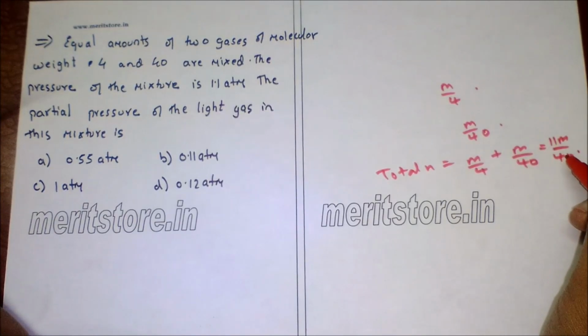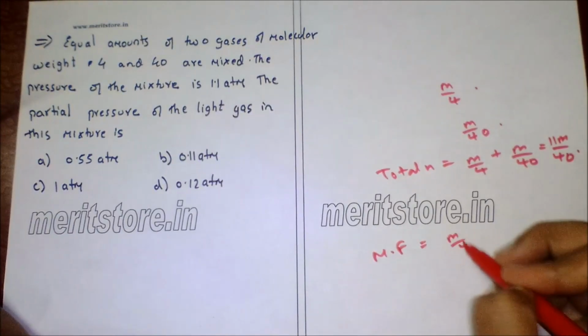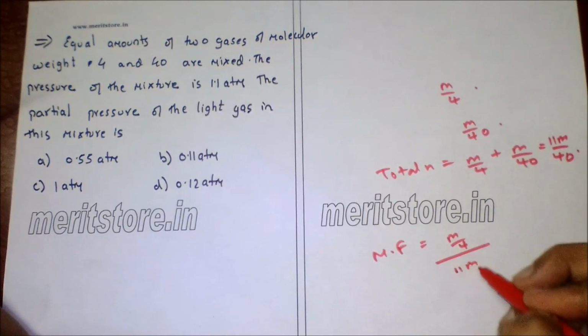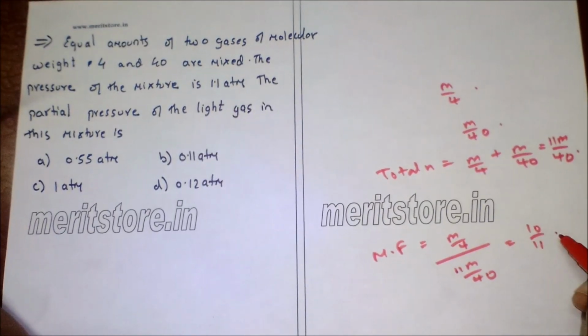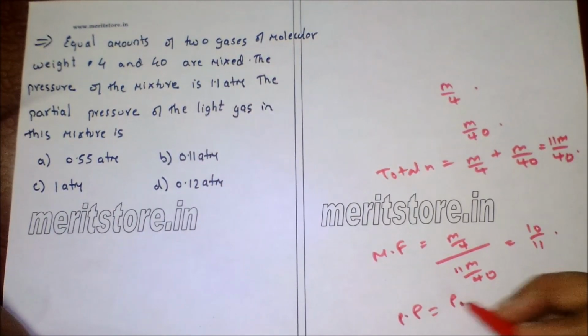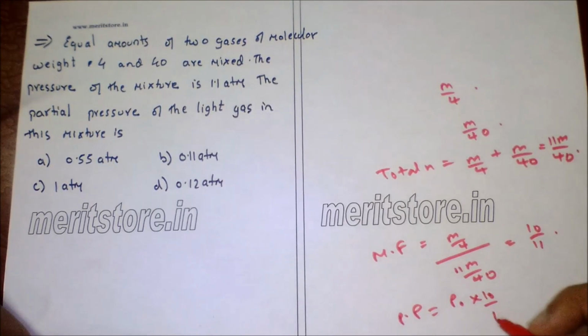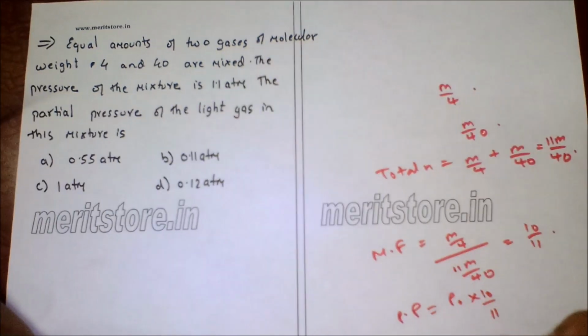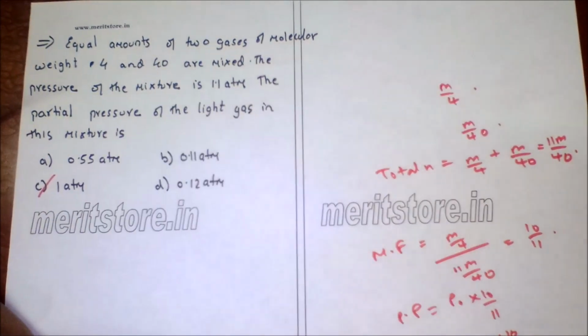So the mole fraction of the lighter gas comes out to be m by 4 divided by 11m by 40, which is 10 by 11. The partial pressure of the lighter gas is equal to original pressure into mole fraction of the lighter gas. So 1.1 into 10 by 11. So option C is the correct answer.